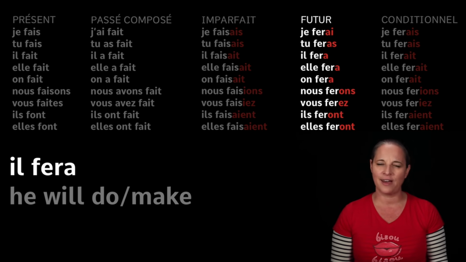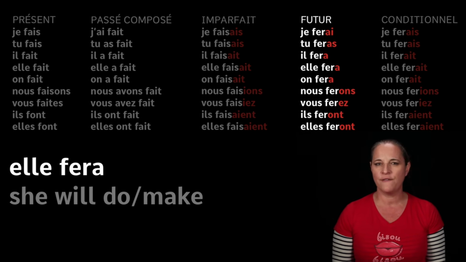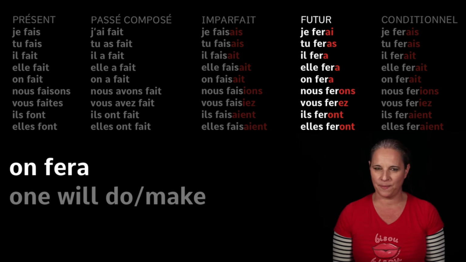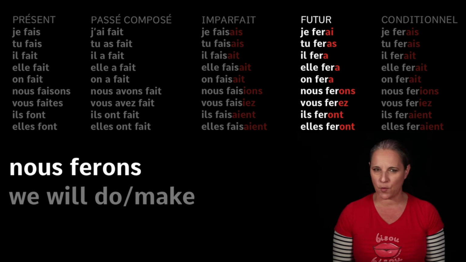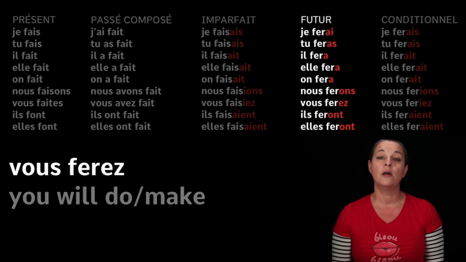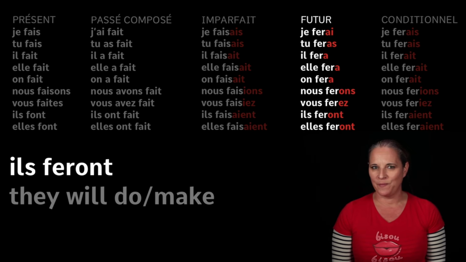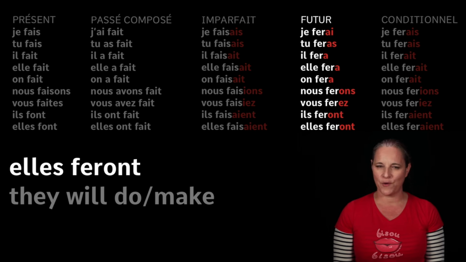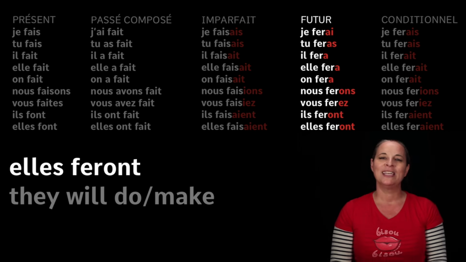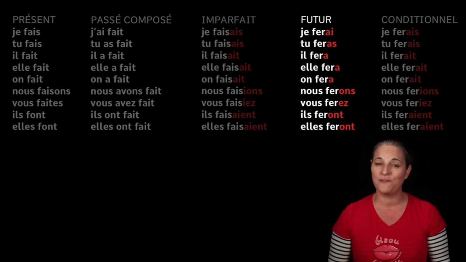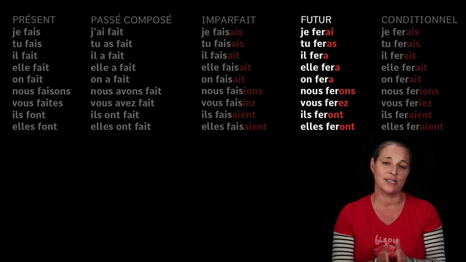Il fera. Elle fera. On fera. Nous ferons. Vous ferez. Ils feront. Elles feront. Très bien. So we've conjugated the same verb, faire, in the future tense, I will do.